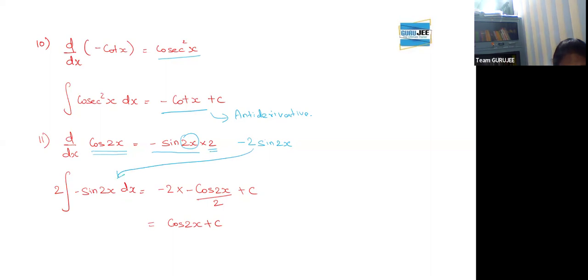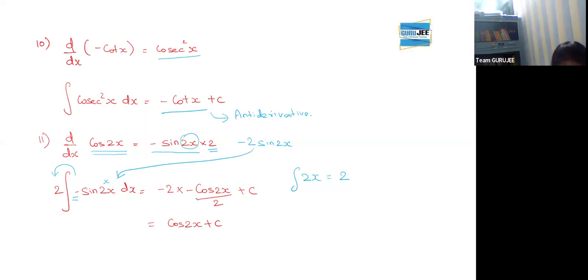Now integrate. Minus 2 is in the place of k, a constant, so you can bring that constant outside. Integrate minus sin 2x dx. Sin 2x integrated, what will come? Minus cos 2x. There is an extra minus here. Minus 2 into minus cos 2x. Instead of x, we have 2x here, so integrating 2x, again you will get 2.